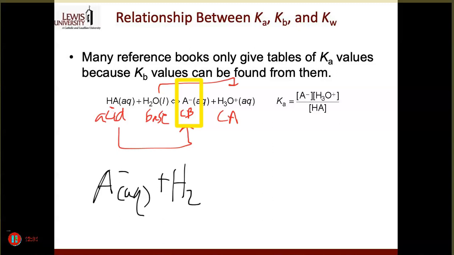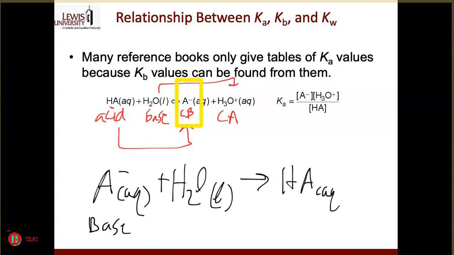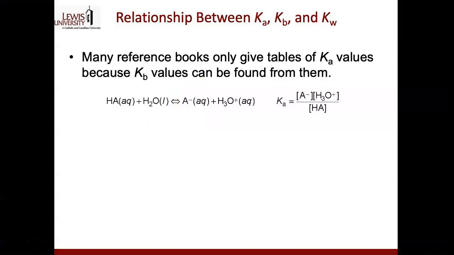If it were to react with water, and it's acting as a base, then it should be able to abstract a proton, and you would get the acid back, HA, and you'd be left with hydroxide, OH minus, right? So this would give us an idea of how strong that conjugate base were, and we could look at the equilibrium here, and we can write a Kb expression for that, right? So this is what our Kb expression would look like.